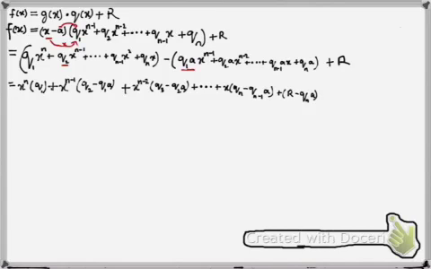Alright, because even here there's a constant term and this is a constant term, so these two things give us this.